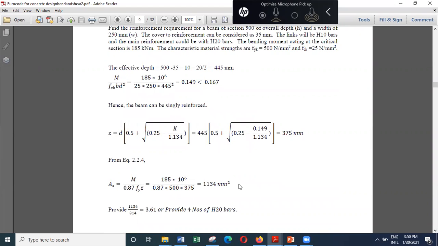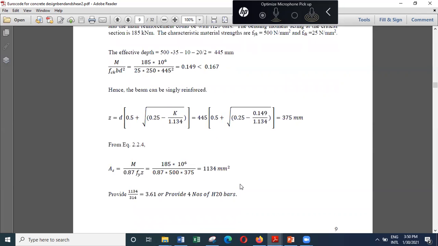And if you are going to provide 20 millimeter bars, you can divide it by 314, because the area of each 20 millimeter bar is 314 square millimeters. From that, you can work out the number of bars required. So we have to provide 4 bars to develop a moment of resistance in excess of 185 kilonewton meters. Now, is that clear?